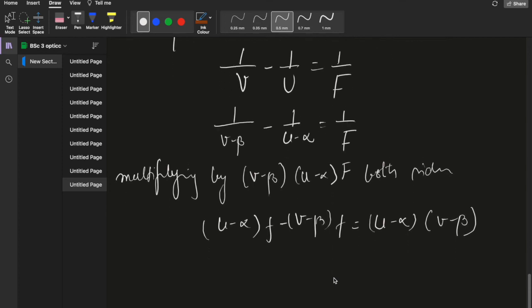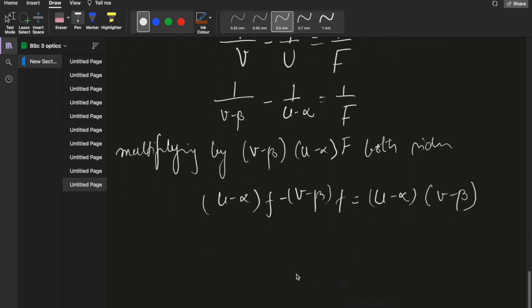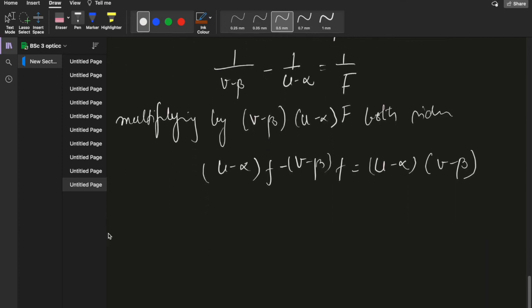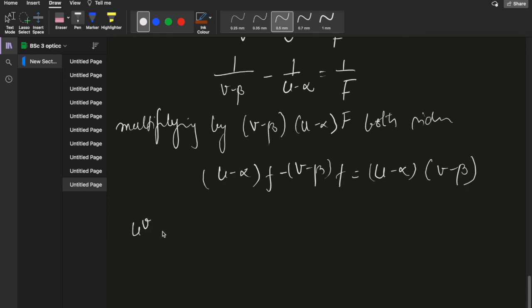Just simplify or rearrange them, we can say uv plus u times minus beta minus F plus v times minus alpha plus F, just make this F capital F, otherwise it is going to be confusing.